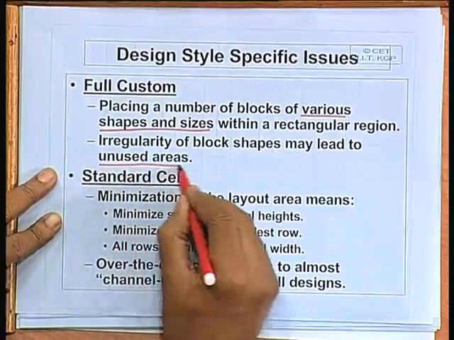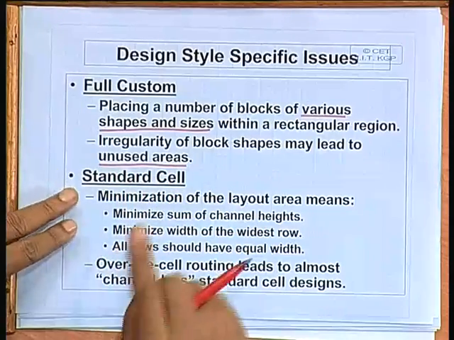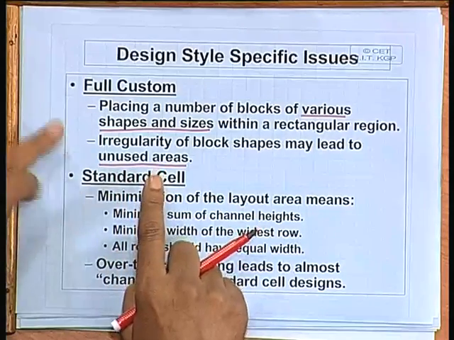There may be some unused spaces in the corners. So, there may be unused areas. So, in a full custom design, when you talk about minimization of area, you are also talking about minimization of unused areas in addition to minimizing interconnection.